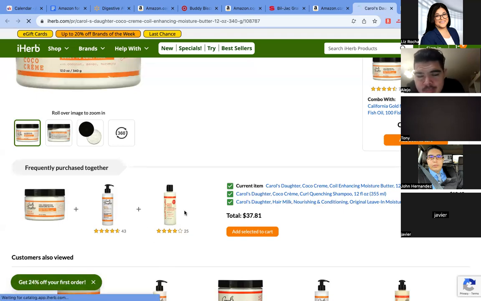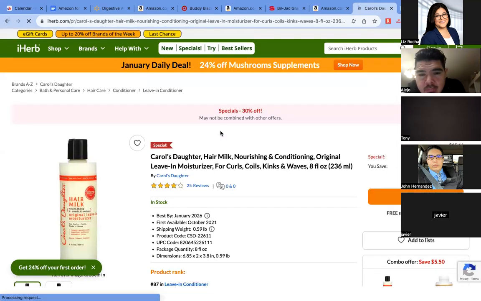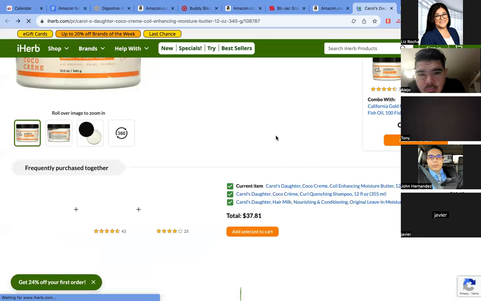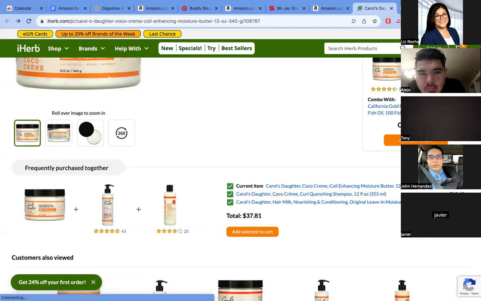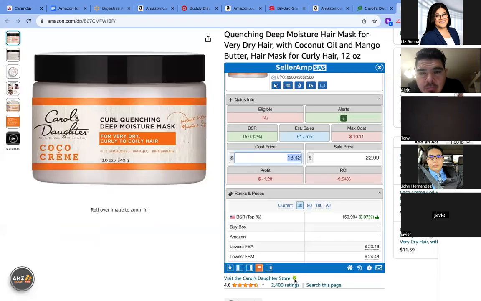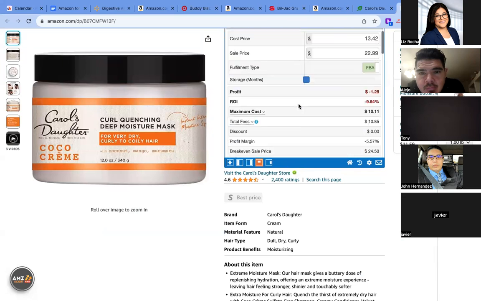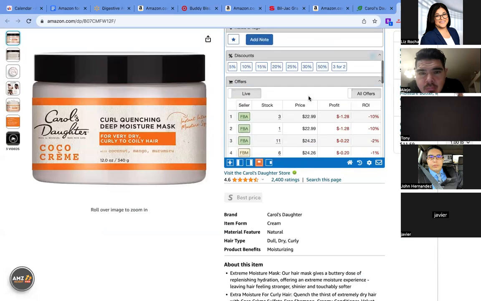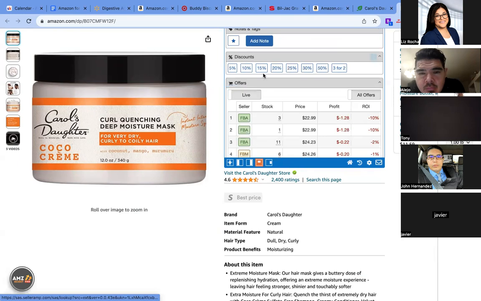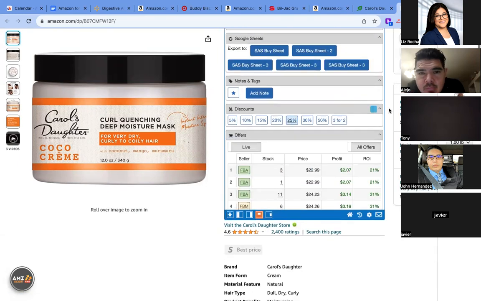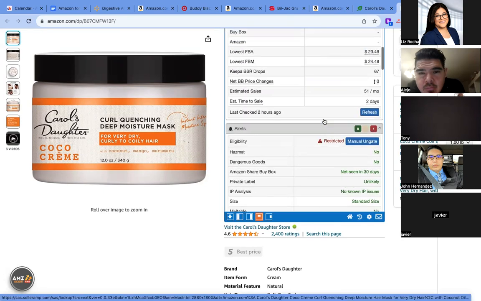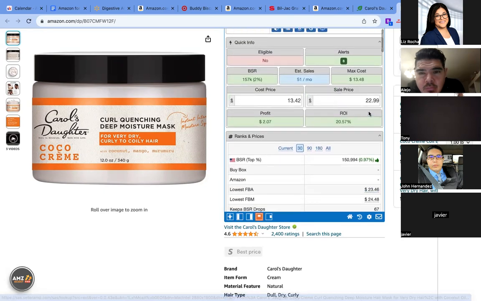So 24% from this website, plus 2% from Rakuten. Plus 2% from your credit card. So that's now what, 28%? So now you can go to your discount here on your seller amp and plug in 28%. There's no 28% here, so I would do 25%. So now you have 20% ROI, right?